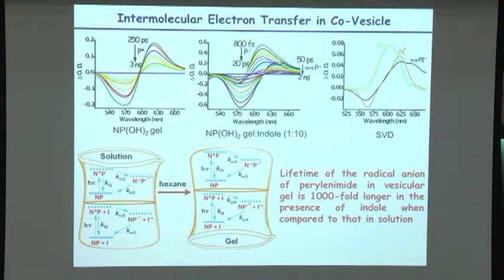That tells you that after the electron is injected from indole to the perylene diimide, the electron transfers across the pi stack, so it takes a longer route before it recombines. And here you can see that the lifetime got extended to the nanosecond time scale, about 1000-fold longer in the vesicular state when compared to the donor and acceptor just mixed together.